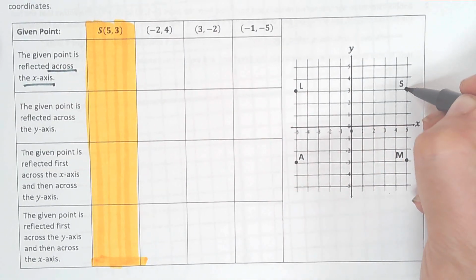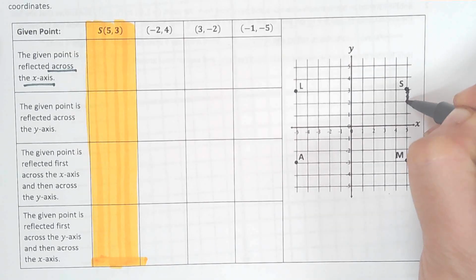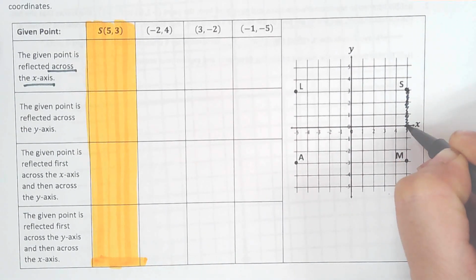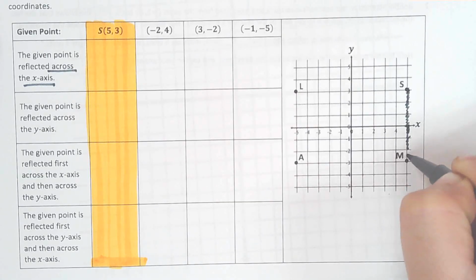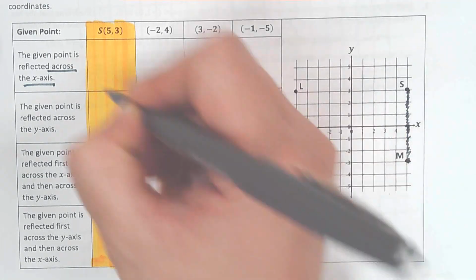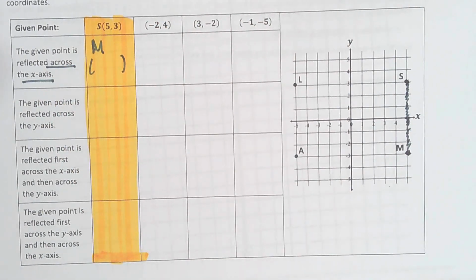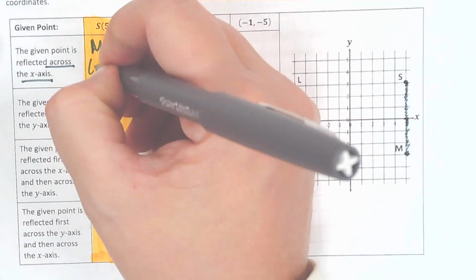This is how I'm going to cross the X. And for it to be a reflection, it has to be equal. So it takes 3, 1, 2, 3 to get to the X. It has to be an equal amount for the reflection. You see how I'm crossing the X? 1, 2, 3. Where am I at now? M. Well, what is M going to be? (5, -3).